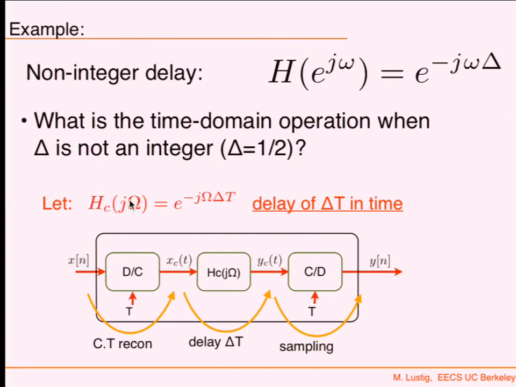Okay, let's consider the case where my continuous time signal is e^(-jΩΔt), so a delay of Δt in time, where now this is a fraction as opposed to a full sampling rate one. Let's see how this relates.